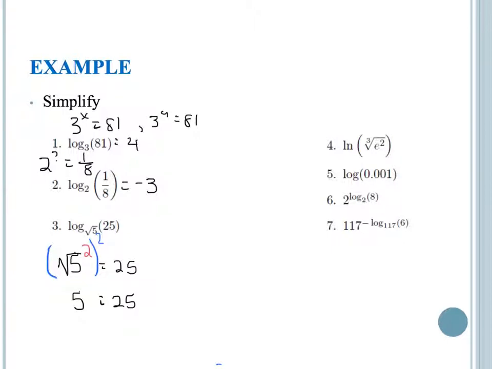So if squaring a square is taking my square root to the 4th, I think this gives us the answer is 4.